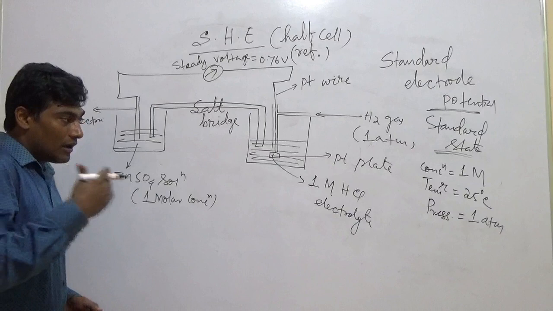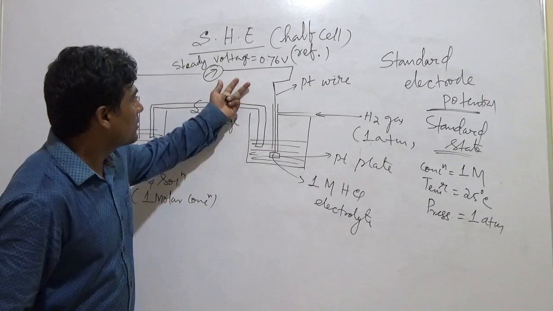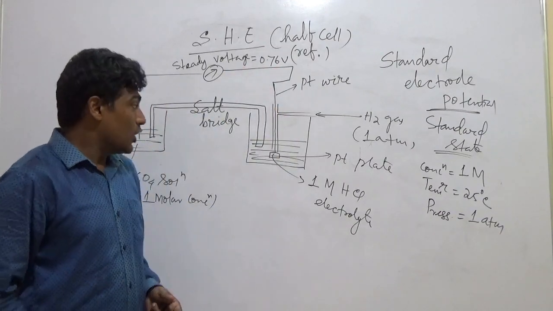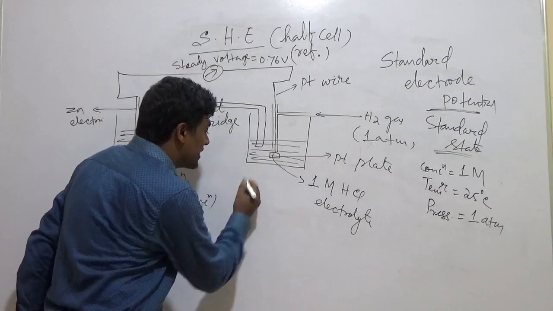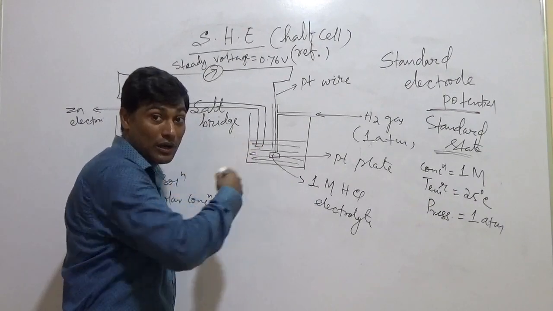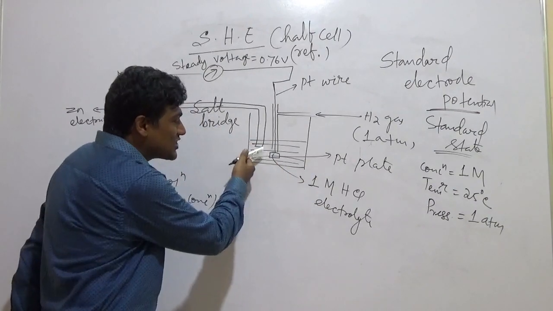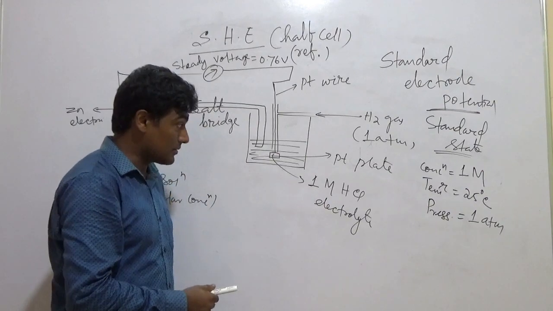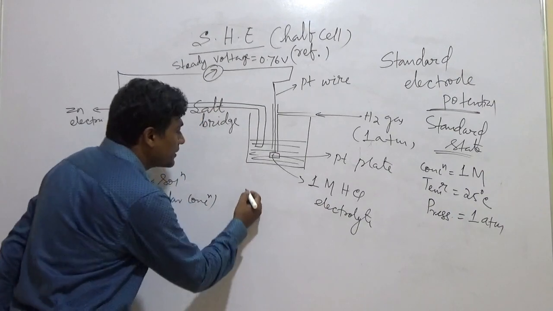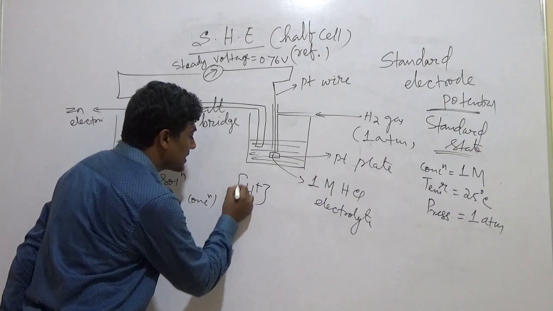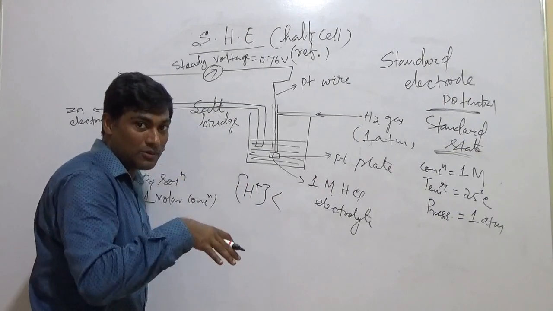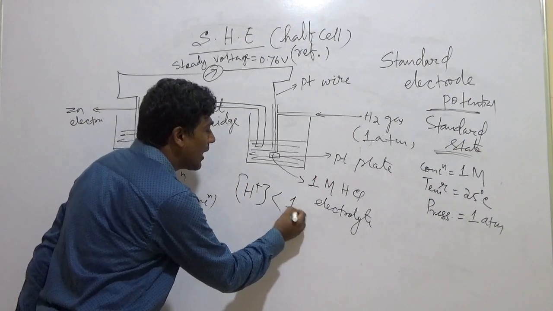After some time, when you get a steady voltage, when you measure the concentration of hydrogen ion inside this standard hydrogen electrode, the H plus ion concentration is observed to be less than 1 molar.